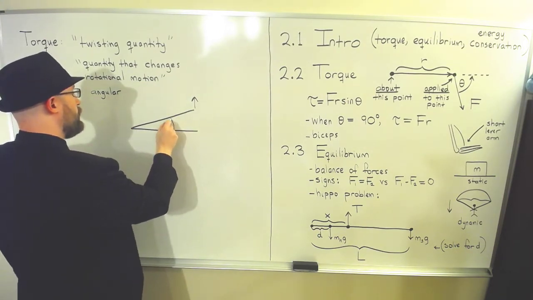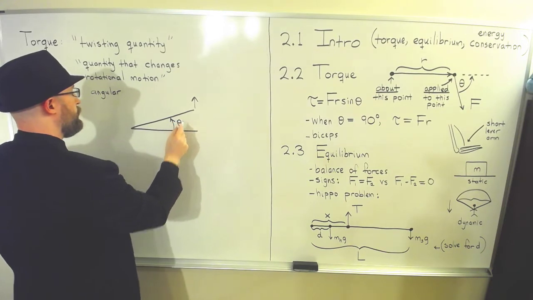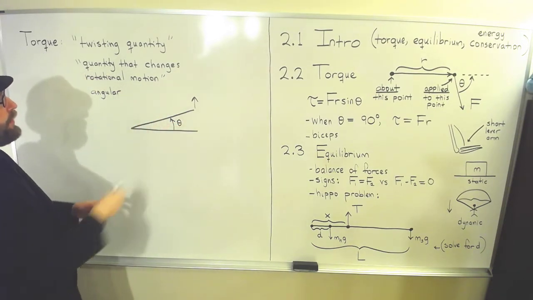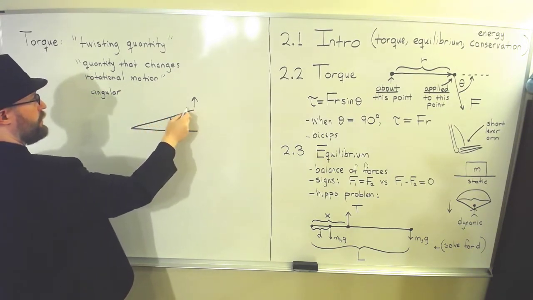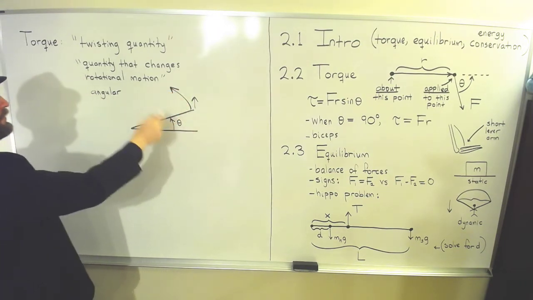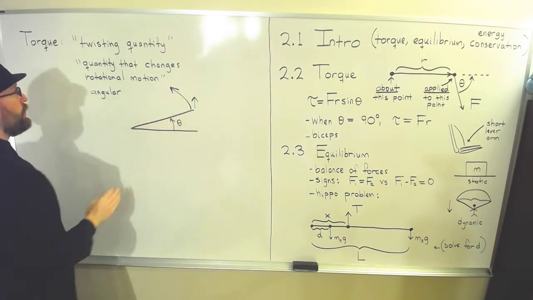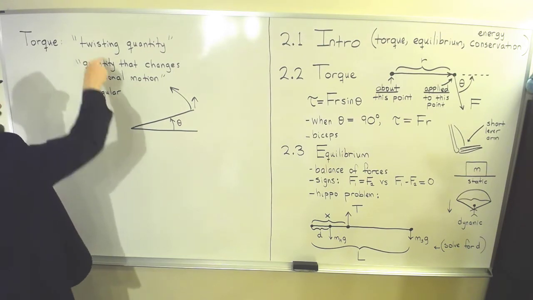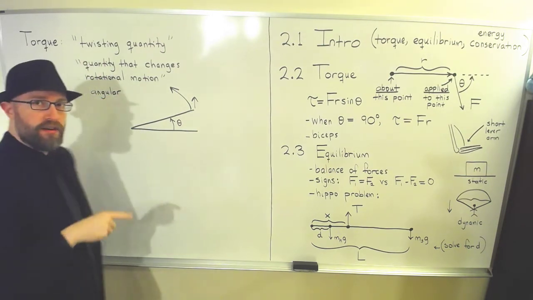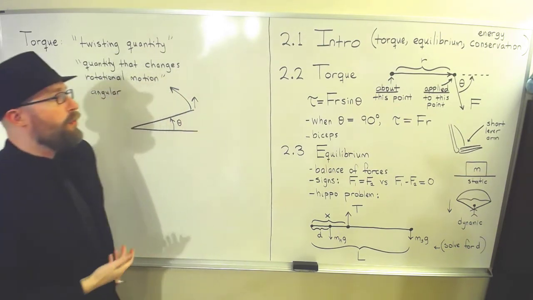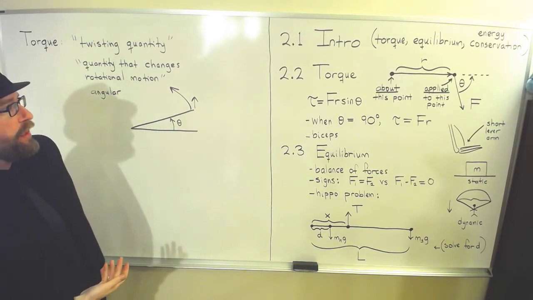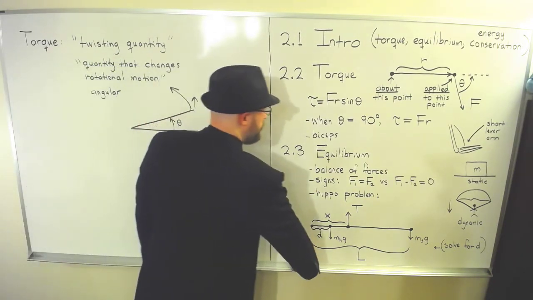Well, there's an angle here as I'm lifting it up. And as it's rotating around like this because of the force, that angle is increasing. So this twisting, rotational, and angular motion, these are all ways of describing the same thing, essentially synonyms.